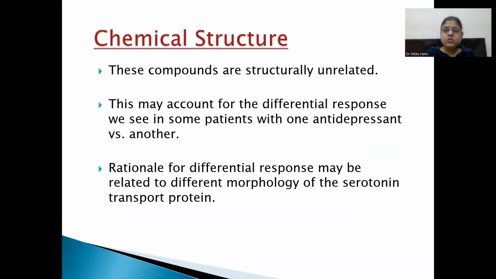Now, chemical structure. These are structurally unrelated, and this may account for the differential response we see in some patients with one antidepressant versus another. As the structure is different, the response in different individuals will be different. The rationale for differential response may be related to different morphology of the serotonin transport protein.